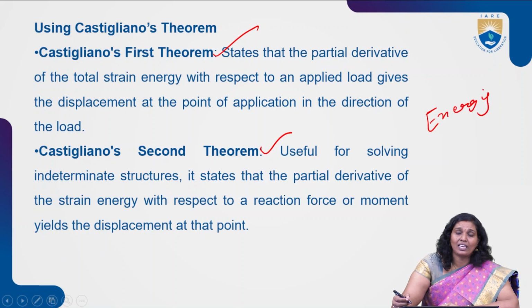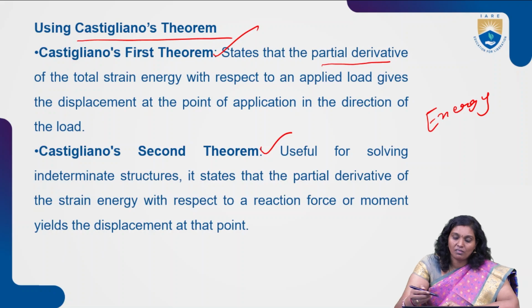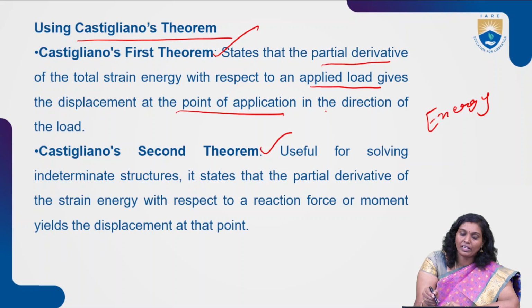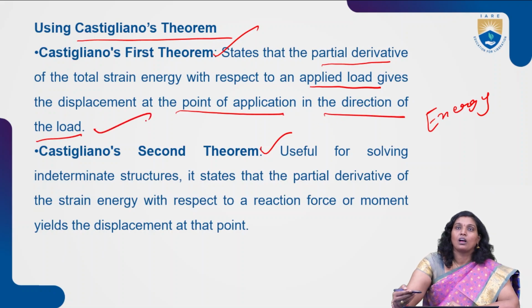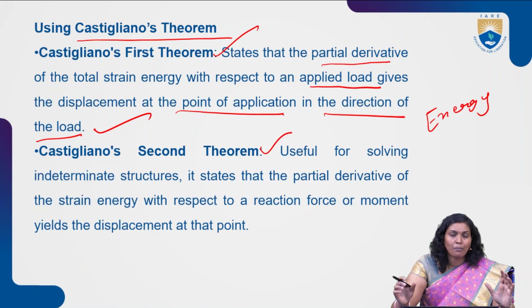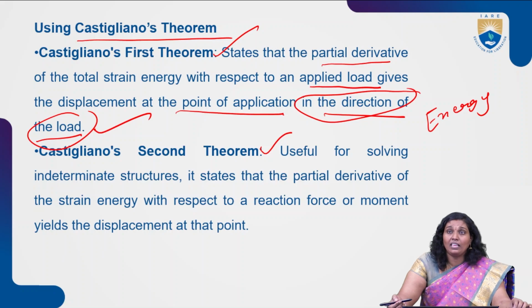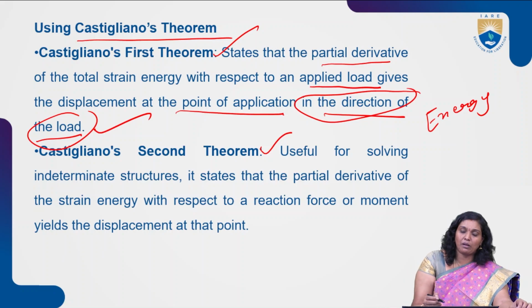In the energy method, we consider Castigliano's theorem. Here we have two different theorems. Castigliano's first theorem states that the partial derivative of the total strain energy with respect to an applied load gives the displacement at the point of application in the direction of the load. Castigliano's second theorem is useful for solving indeterminate structures.